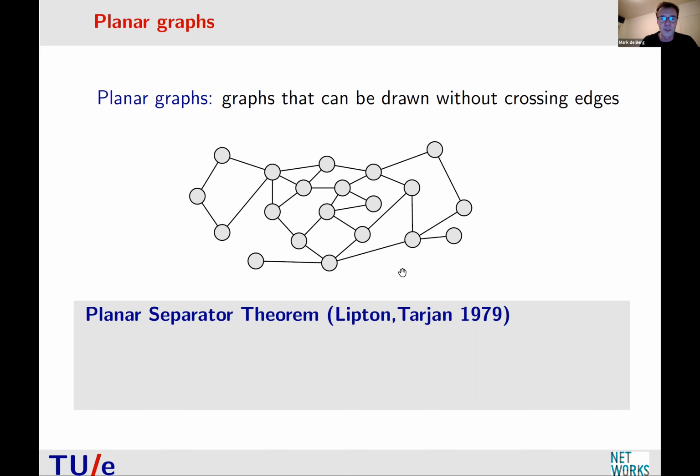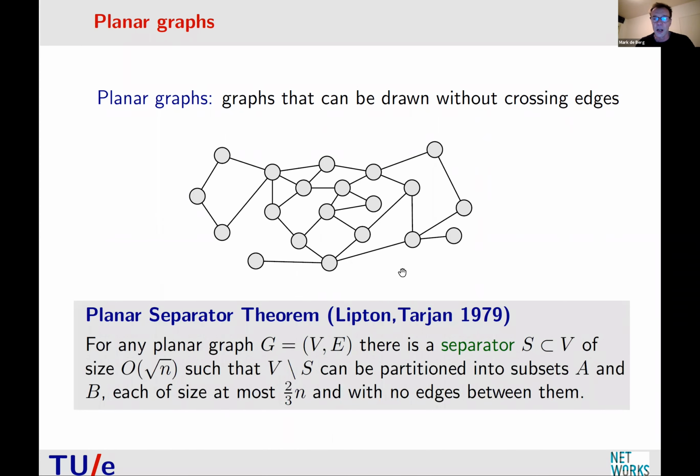The planar separator theorem says that I can find a small subset of my nodes, which I call the separator, such that if you remove those nodes, the remaining nodes can be partitioned into two subsets, A and B, that each have at most 2/3 n of the vertices. So it's kind of a balanced separation. And the number of nodes you have to remove is only square root of n.